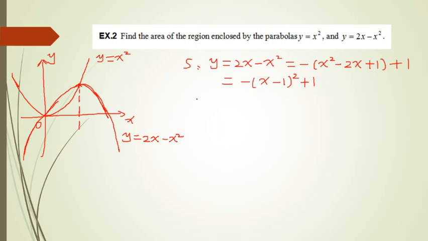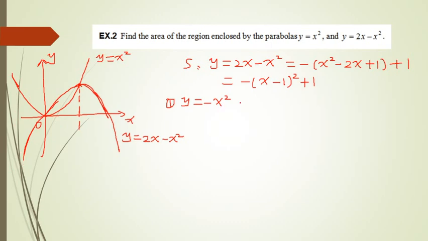How can you get this new parabola? First, you get y equals minus x squared. That is, you just change the direction, which means reflect y equals x squared about the x-axis.